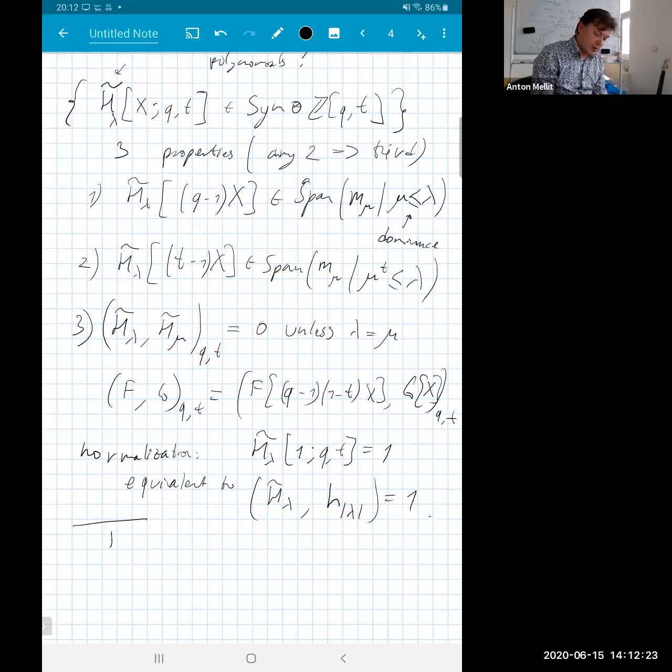So one remark. Let's set t equals 0. We get those polynomials from Hall-Littlewood that we had before.